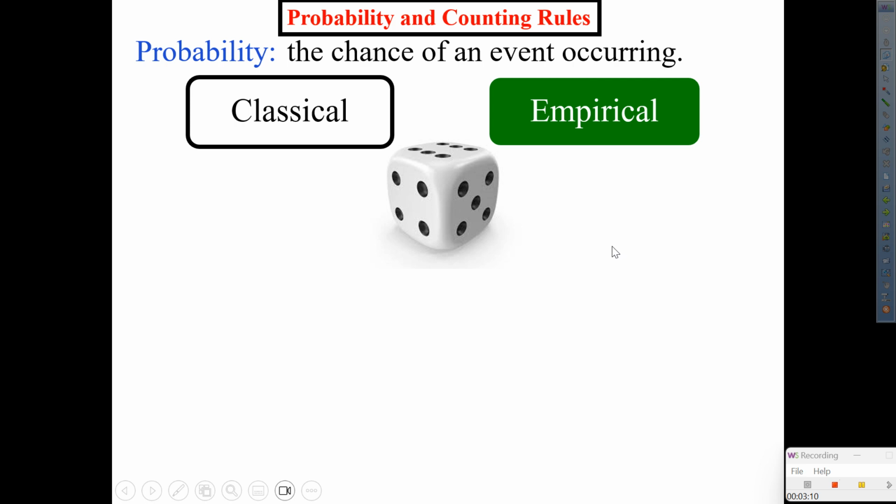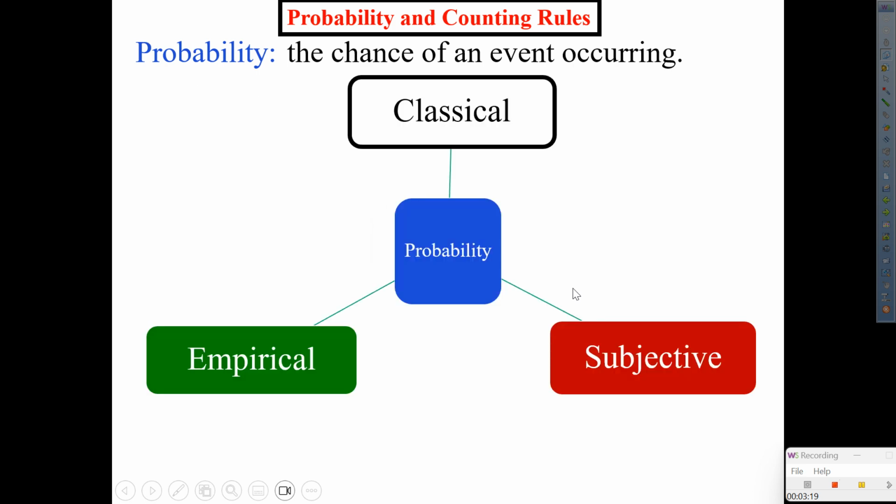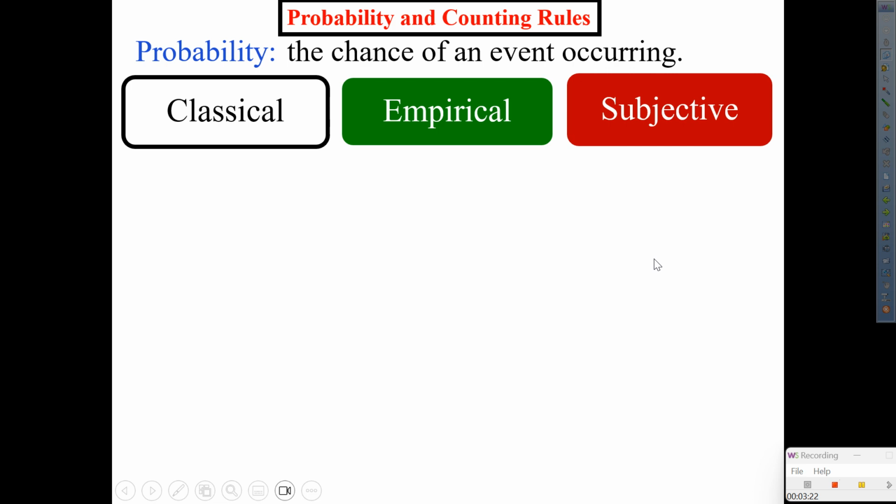So we revisited the example with the die, and then we did the law of large numbers. And once again, today we're going to wrap this up. So before we move on, tell your neighbor the difference between classical, empirical, and subjective probability. Tell your neighbor what the difference is from one to the other.